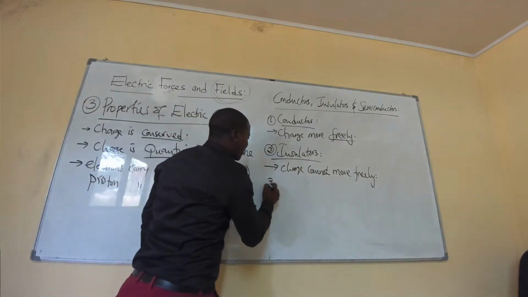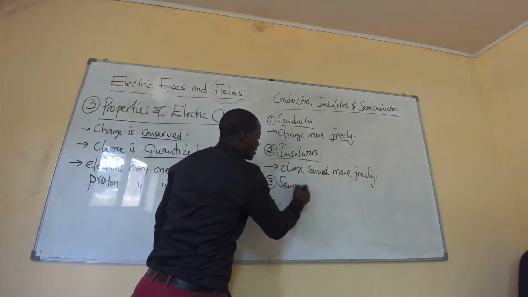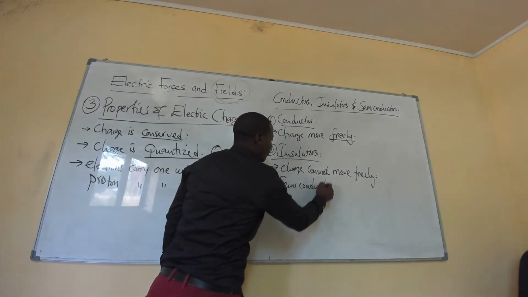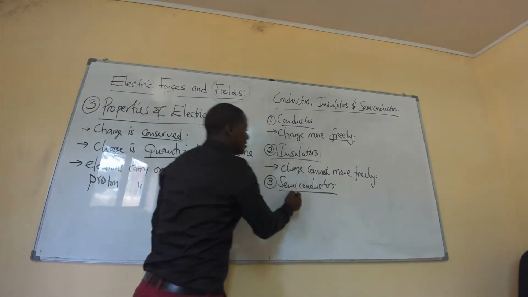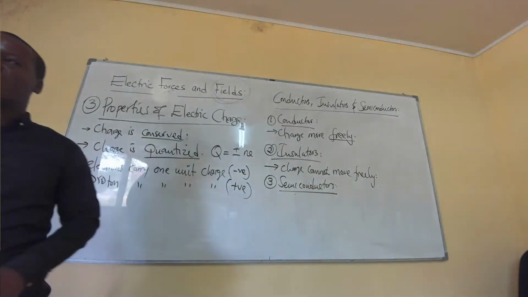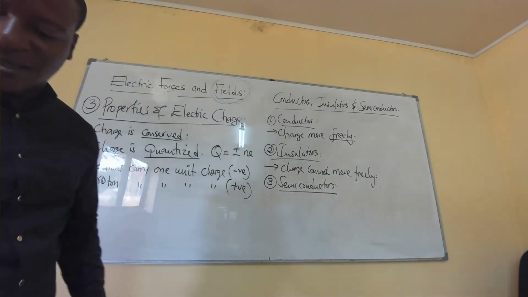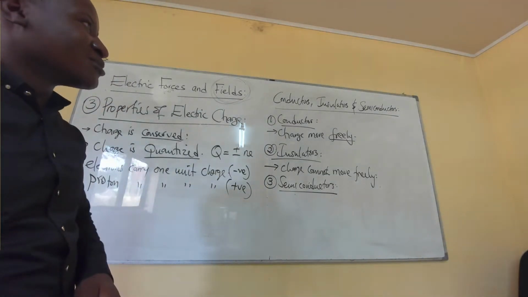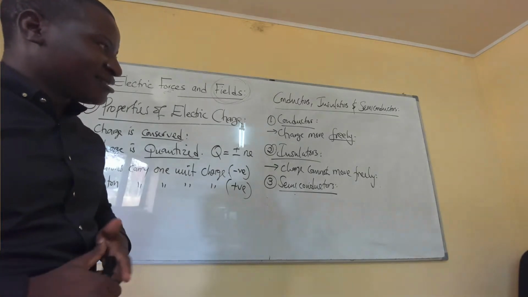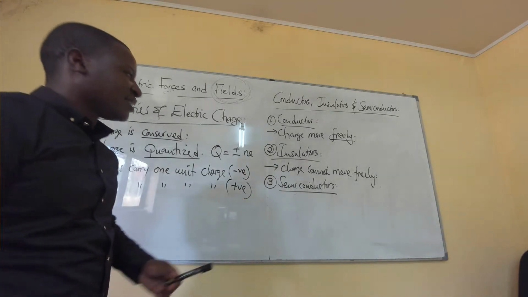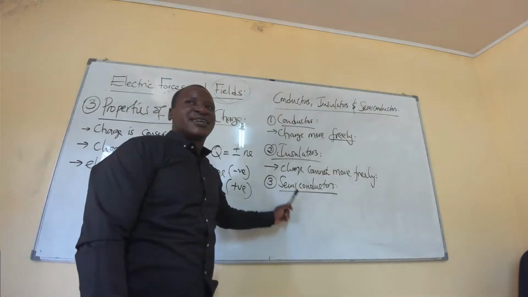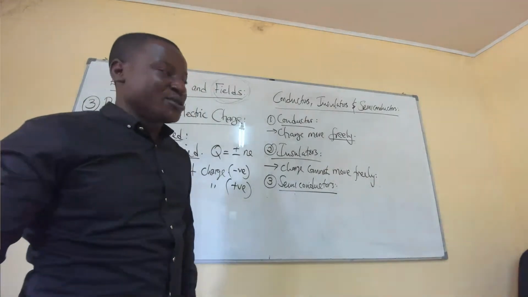And then you have number 3, which are called the semiconductors. Now, these semiconductors are actually special kinds of conductors. For some of you that are going into the medical field, you meet a lot of these semiconductors in the apparatus that you are going to be using.